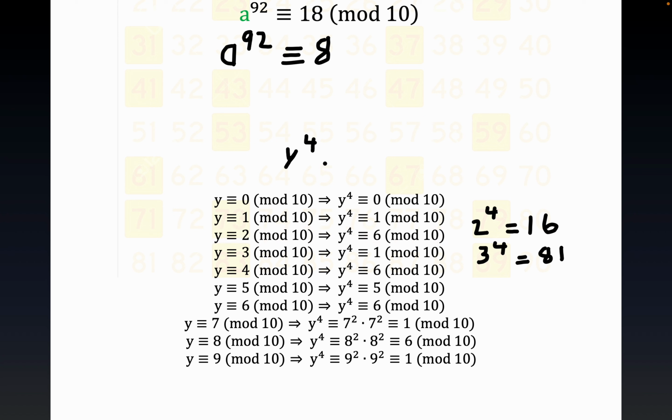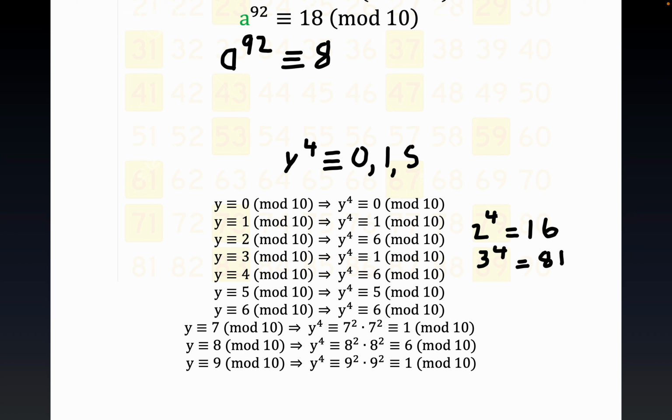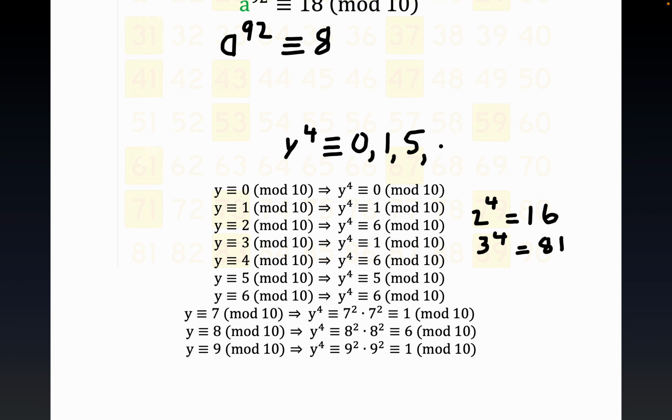So we know that any fourth power at all is going to be congruent to one of 4 digits, 0, 1, 5, or 6, which is a nice little reduction there, right? You went from 10 digits to 4 digits when you raise it to the fourth power. The digits being 0 through 9. These are the only possibilities modulo 10 for fourth powers.